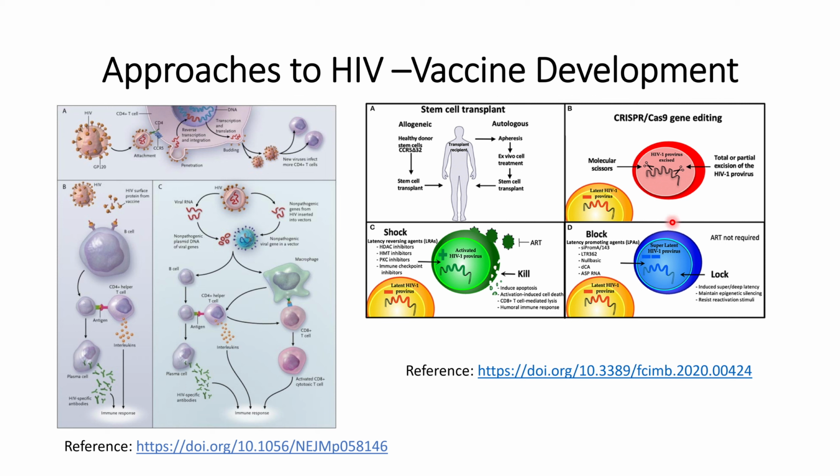Another approach is CRISPR-Cas9 editing. In this case, the CRISPR-Cas9 system can be used to edit, remove, or deactivate the gene that is responsible for HIV virus translation or replication.